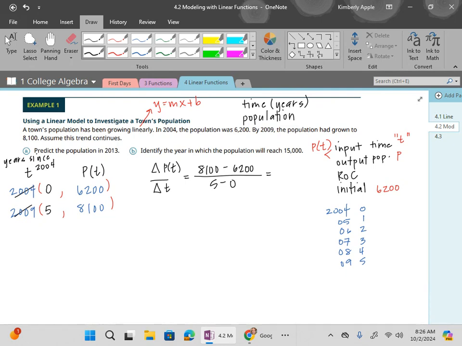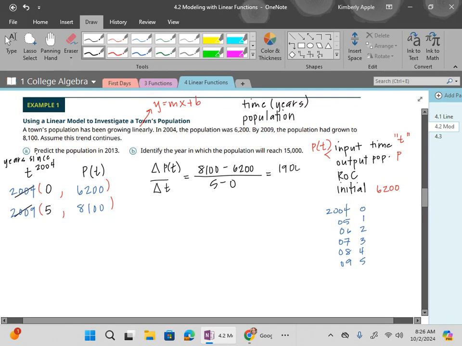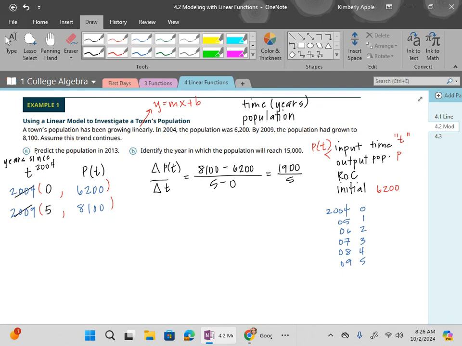It should be positive. Yeah, 1,900. Thank you. I don't trust myself to do that in my head. All right, and then 5 minus 0 is simply 5. Notice if you had left the input variable defined this way, when you calculate the slope, what's 2009 minus 2004? Still 5. Right?